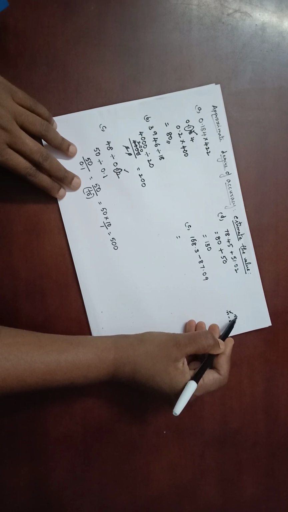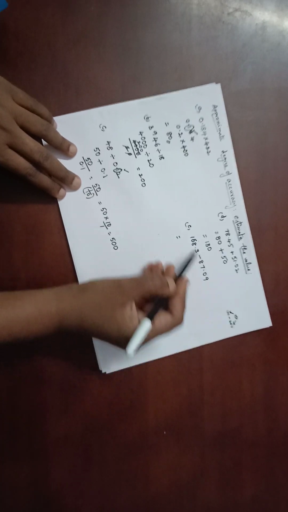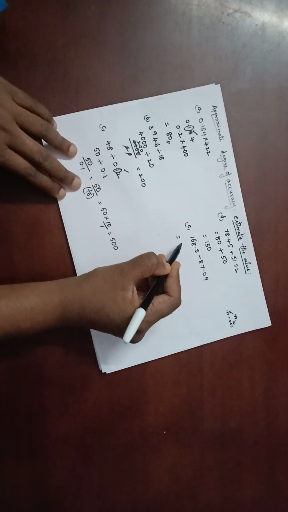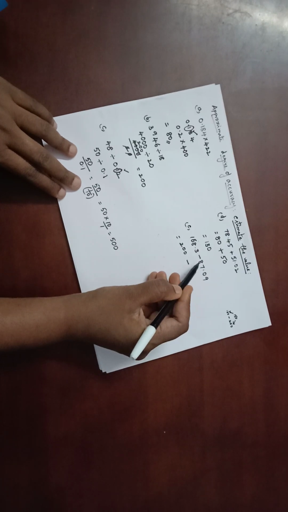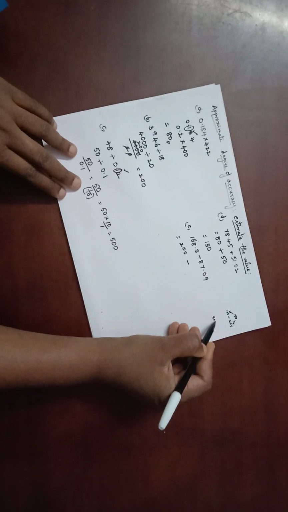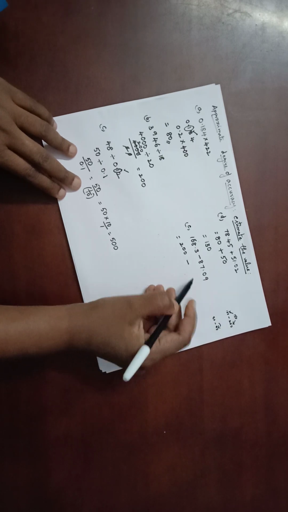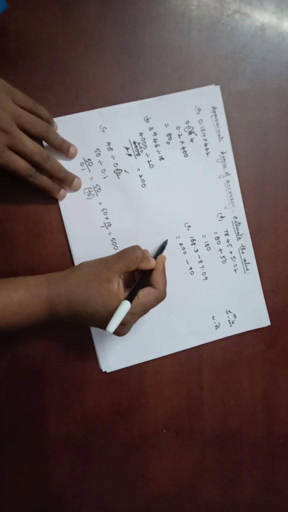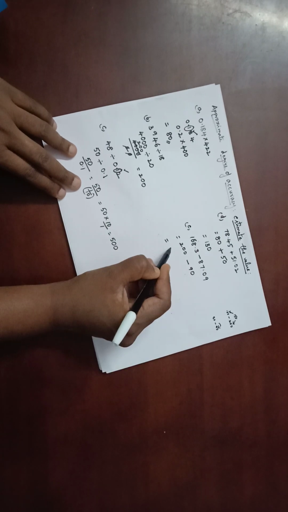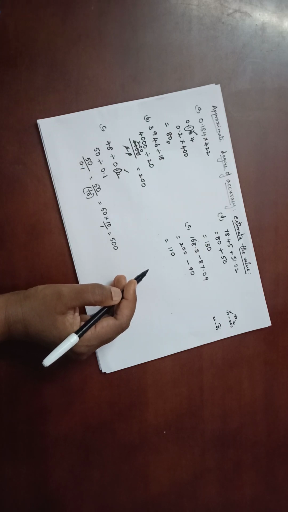If it is less than 150 or more than 150, we should check. 168 is more than 150, so it is nearer to 200. Round off number is 200. And this is a 2-digit number: 87 is in between 80 and 90, nearer to 90. So round off number is 90. So your 200 minus 90, your value is 110. One more bit I'll explain.